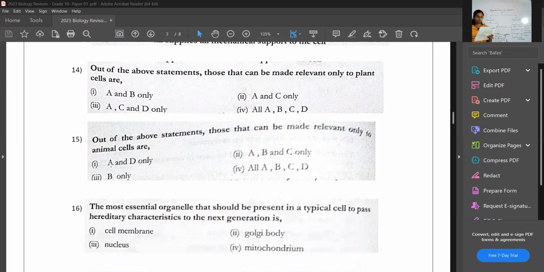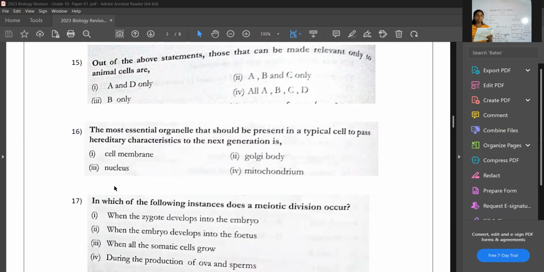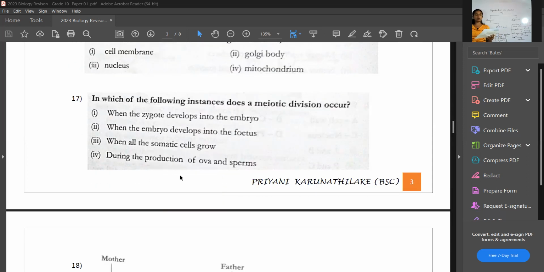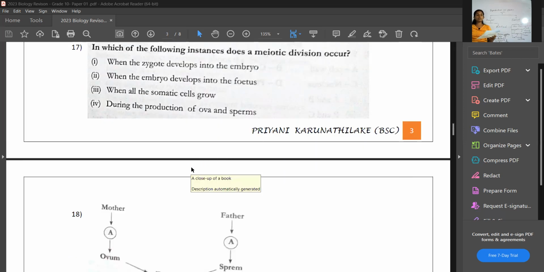Question number 15, B only, the mitochondria, third answer, B only, right? 16, the most essential organelle that should be present in typical cells to pass the hereditary characters, that should be nucleus, because the chromosomes are there inside the nucleus, right? Nucleus.